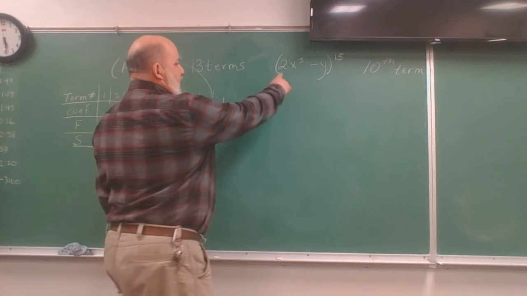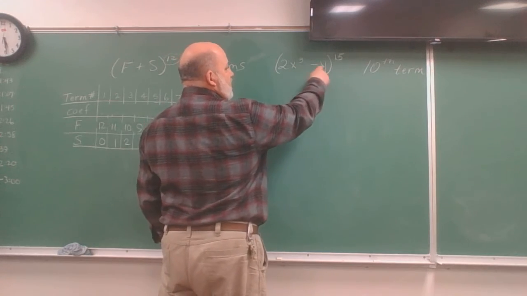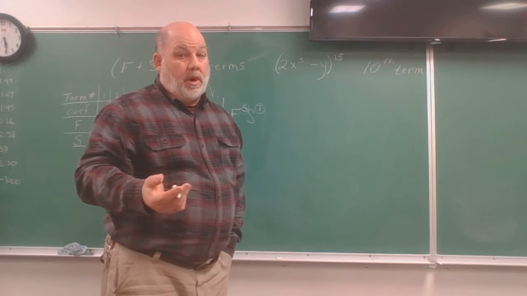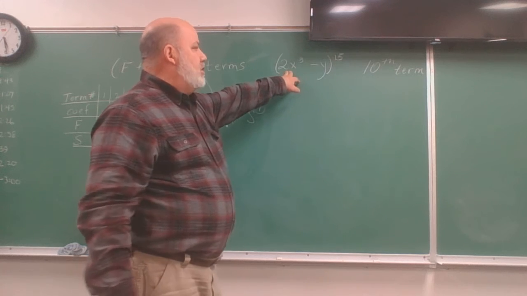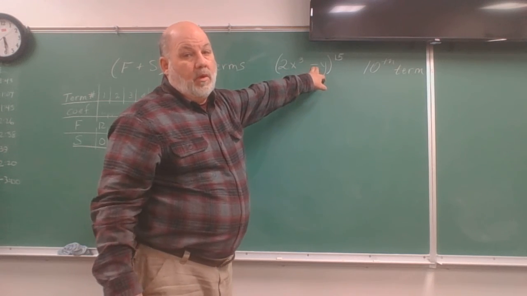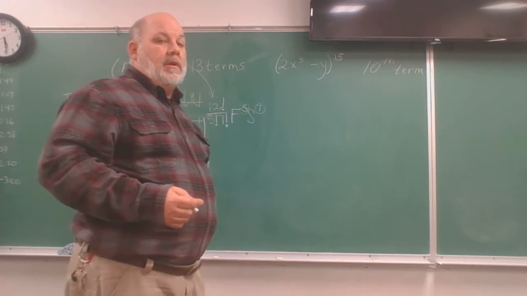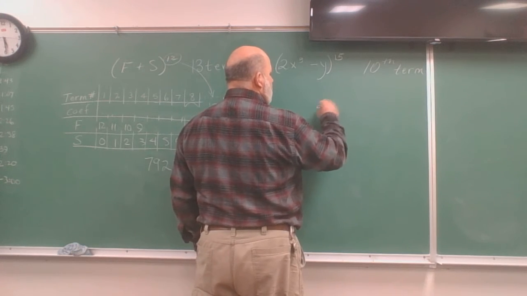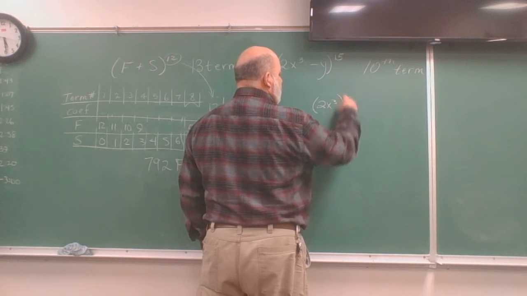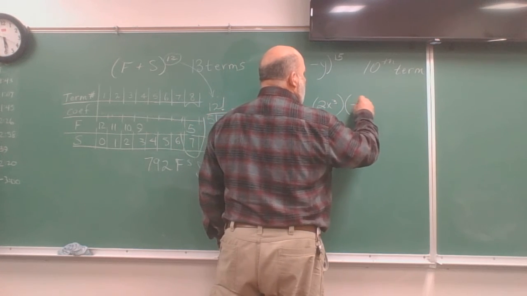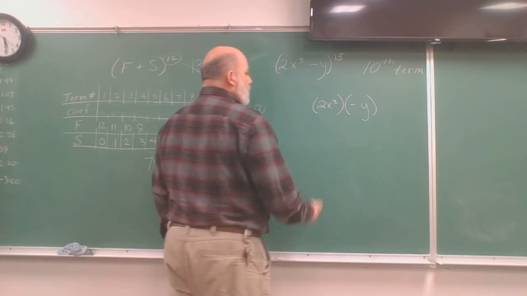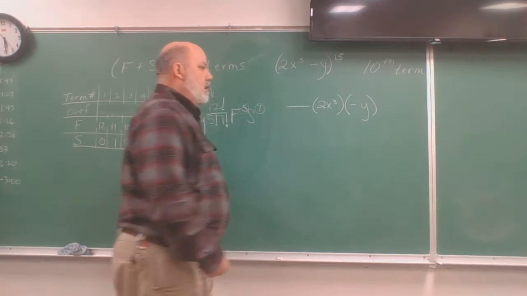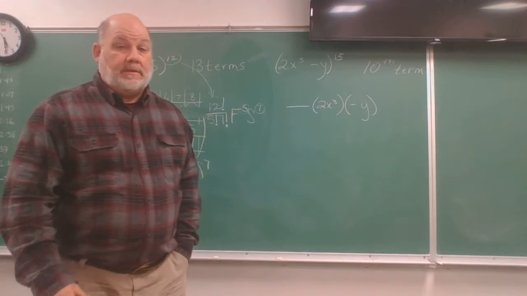Had this been f and s, or x and y, it wouldn't be a problem at all. The fact that this is 2x cubed, and the fact that this is negative y, is going to throw some other things in. So first thing I'm going to do is write down 2x cubed, put parentheses around it. I'm going to write negative y and put parentheses around it. And then there's room for my coefficient.